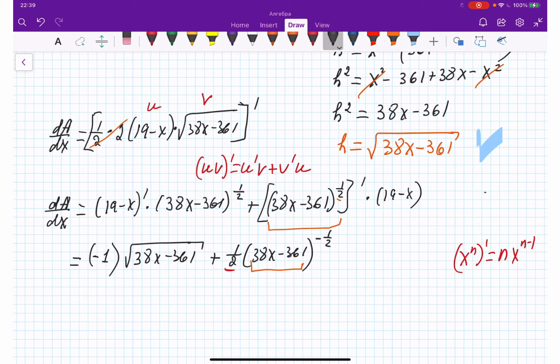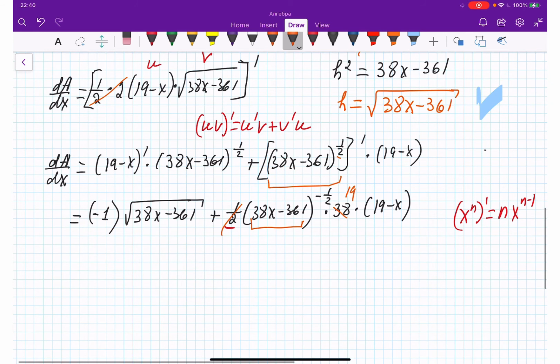The derivative of 38x is going to be 38, and the derivative of 361 is gone, 0. And times 19 minus x. Okay, we can simplify. This 1/2 is gone with 38. It's going to be 19.